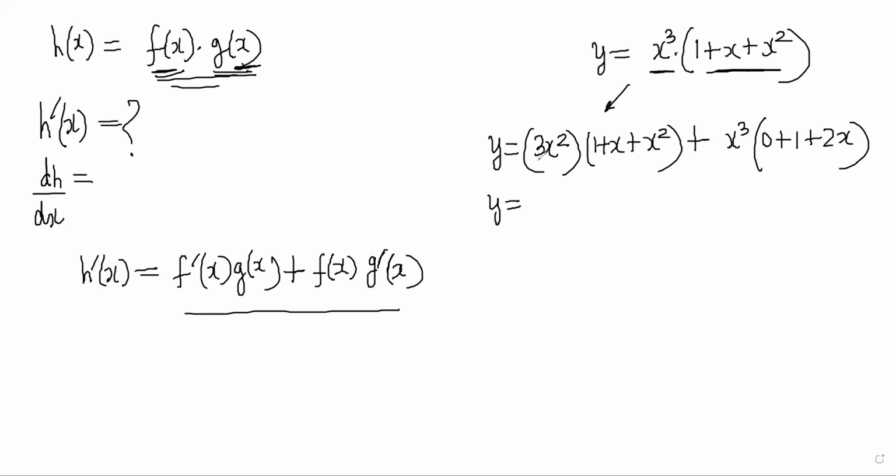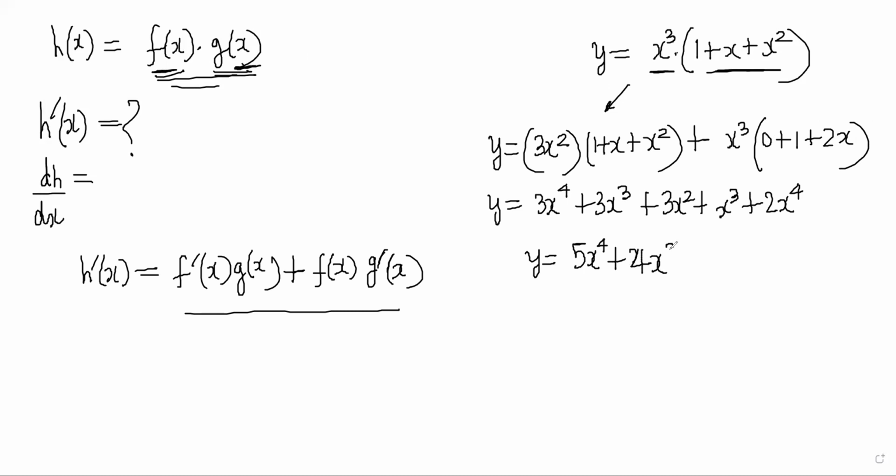Now if I simplify it a little bit, this becomes 3x power 4 plus 3x cube plus 3x square plus x cube plus 2x power 4, right? So it is coming out to be 5x power 4 plus 4x power 3, this and this, plus 3x square, right? Yes, sir. This is my differentiation, y dash.